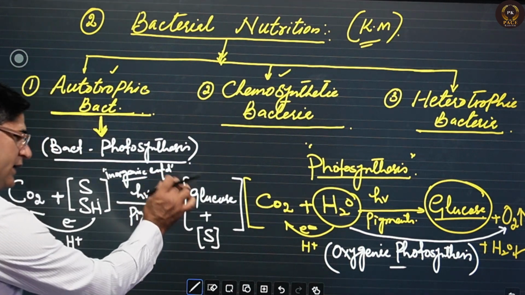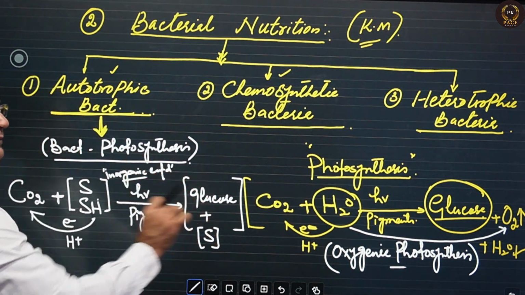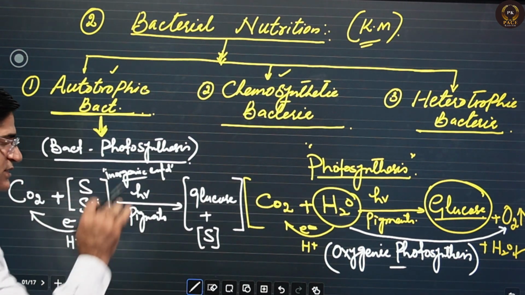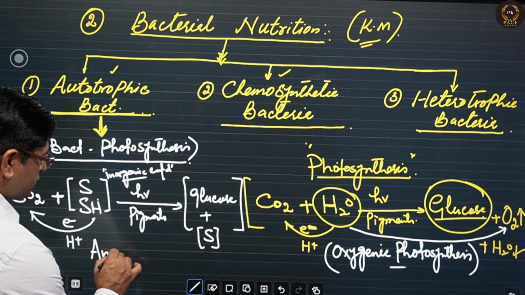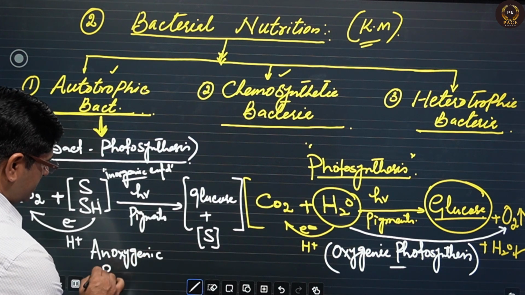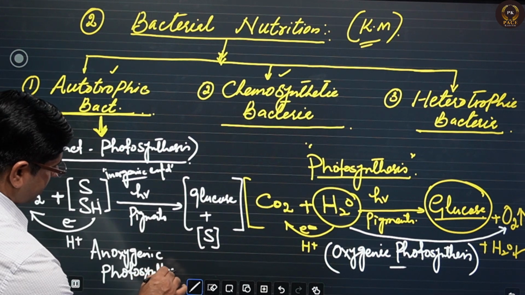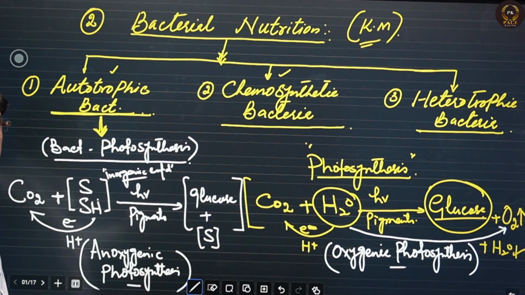So in this photosynthesis, where an inorganic compound is utilized as the electron and proton source instead of water, this is known as anoxygenic photosynthesis. So this is the difference between plant photosynthesis and bacterial photosynthesis.